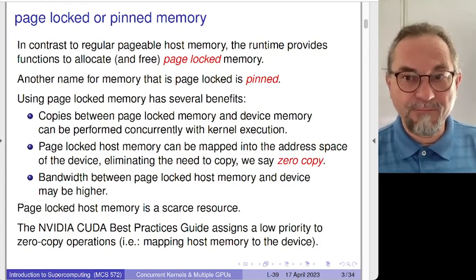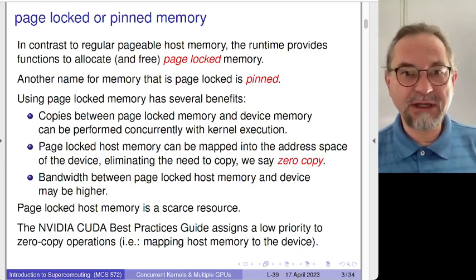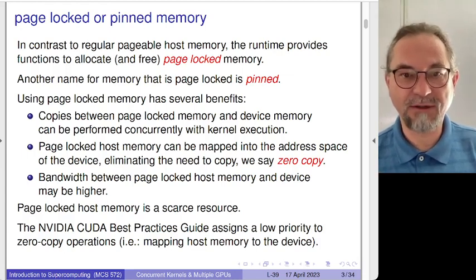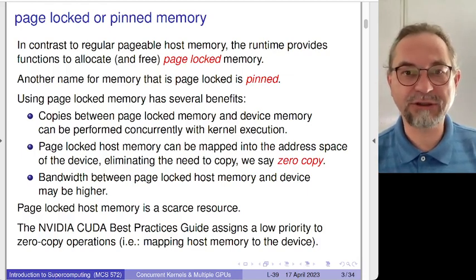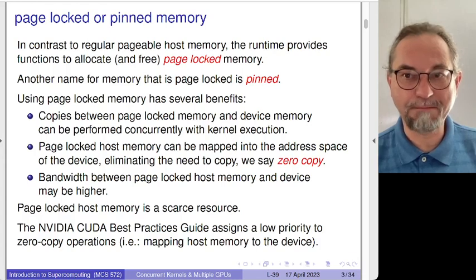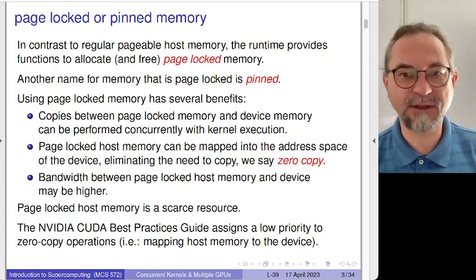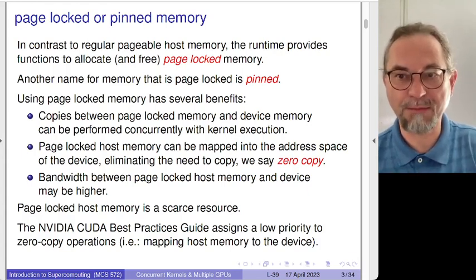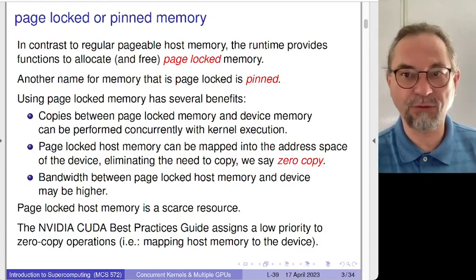The virtue of working with page-locked memory is that one can overlap computations, the execution of the kernel, with the transfer of the memory. So we also use pinned memory, and the addresses in global memory on the device and the memory on the host, in the random access memory of the CPU, are mapped to each other.